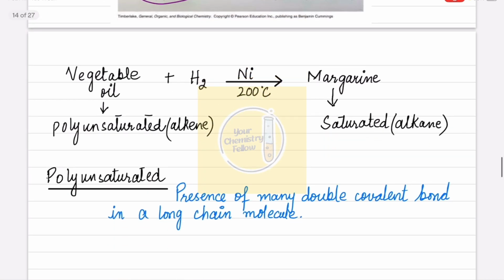Now, this is the equation used to represent the hydrogenation of vegetable oil. Vegetable oil plus hydrogen in the presence of nickel as a catalyst at 200 degrees Celsius, margarine is formed. Margarine is saturated, which is known as alkane, whereas vegetable oils are polyunsaturated alkenes. What is meant by the term polyunsaturated? Poly means many and unsaturated means carbon to carbon double covalent bond.